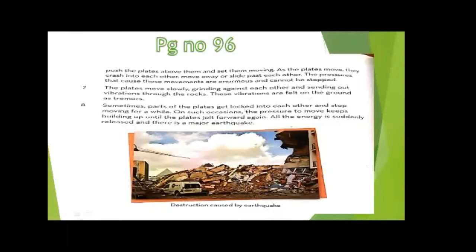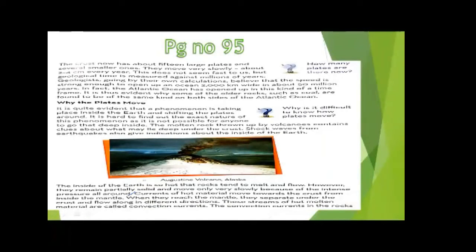So, deep within the earth is so hot that the rocks are inclined to melt slowly and become thick flowing substance called magma. However, they remain partially solid, means a part of it remains solid and moves very slowly because of the intense pressure all around. There is severe force all around. Current streams of hot material move towards the crust from inside the mantle. As the hot material magma is lighter, it rises.